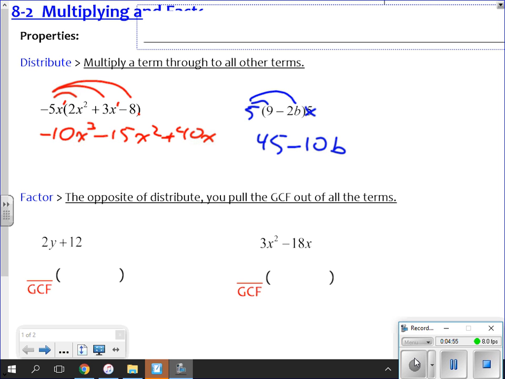The answer to factoring looks like the problem for distributing, and vice versa. So we start with things that are distributed. Our answer is going to look like the problems we did with distributing. We're going to have something out in front and stuff left in parentheses. We're undistributing.